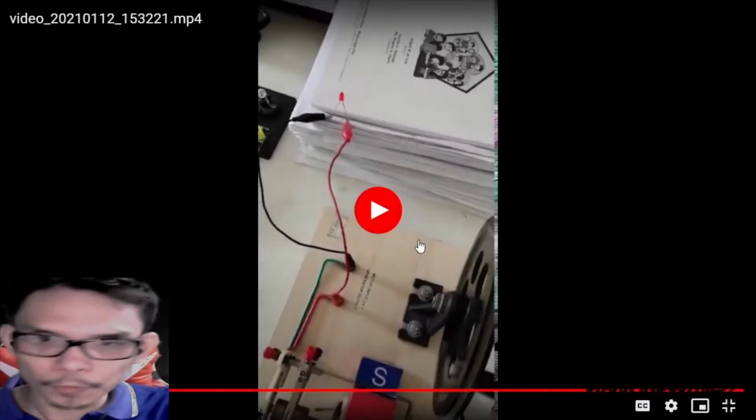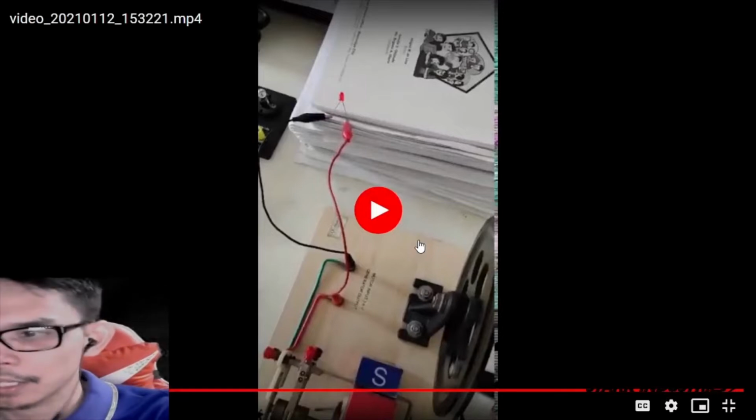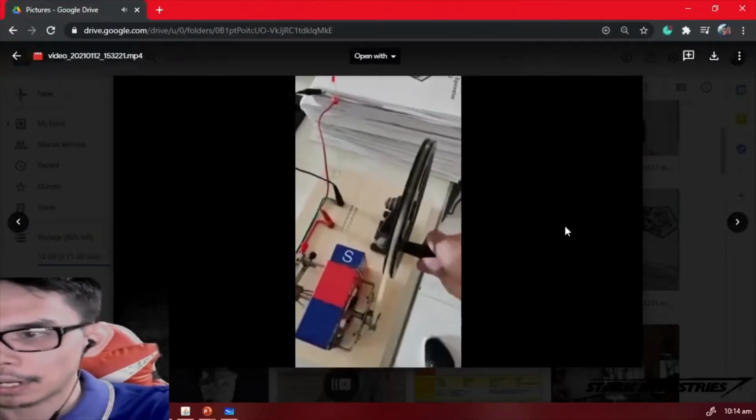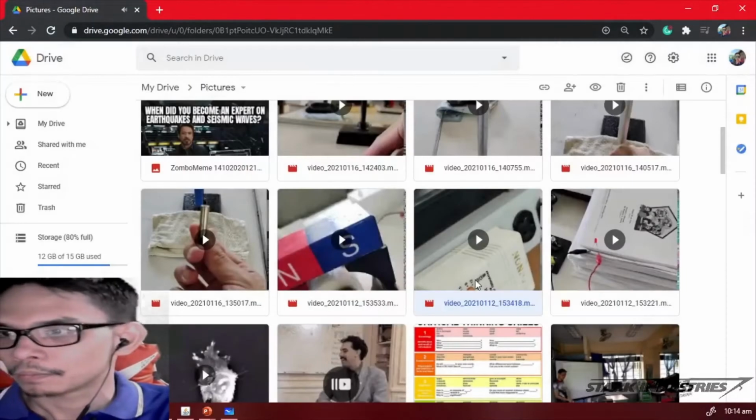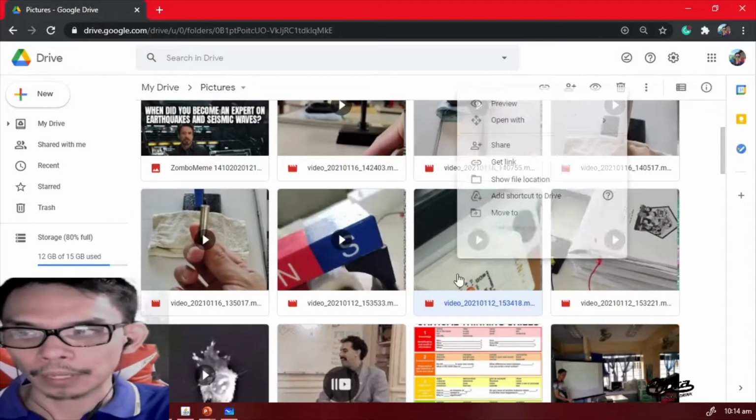All right, so can we transform this generator to become a motor? Yes, we can. We can have it like this. This is the transformation of that same device to become a motor.